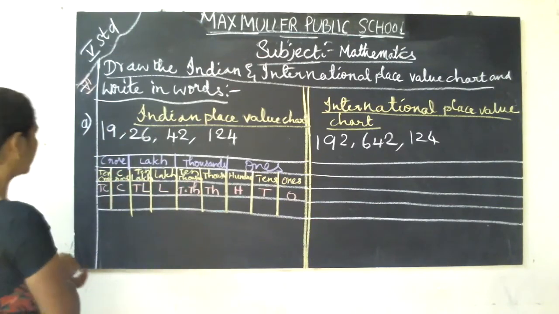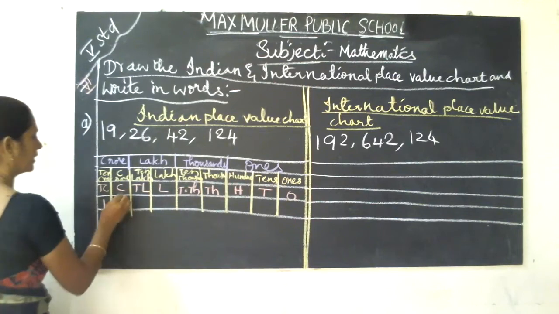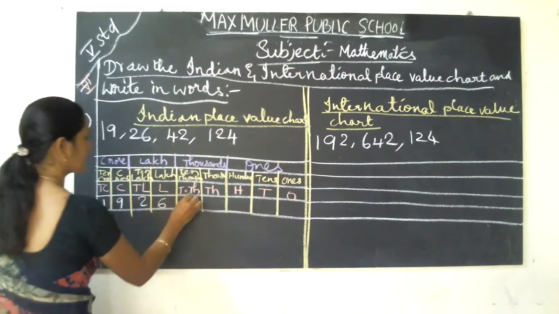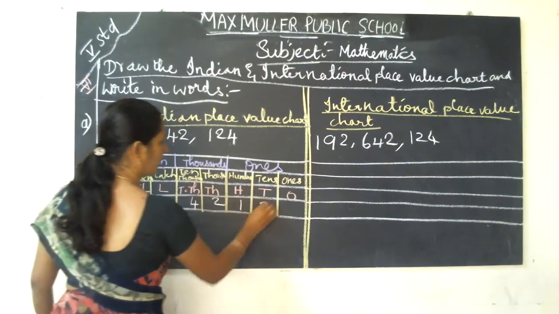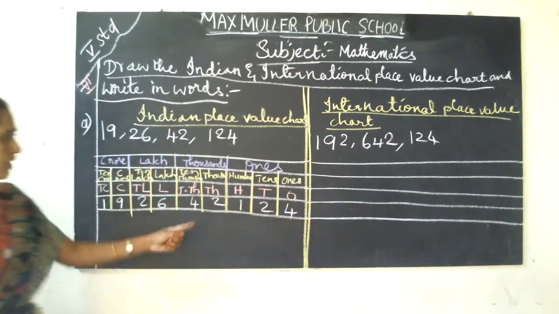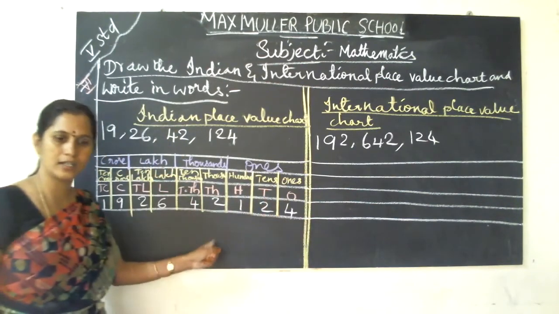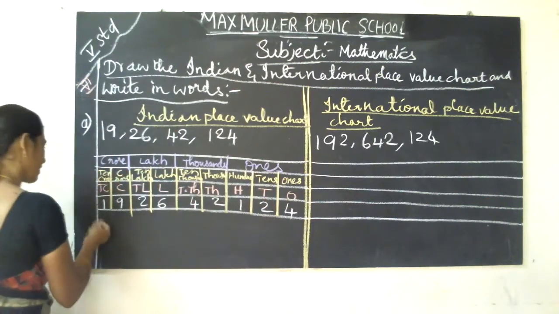So now we have to put the number 19 crores, 26 lakhs, 42,124. Now we have to write it under the table, under the chart.